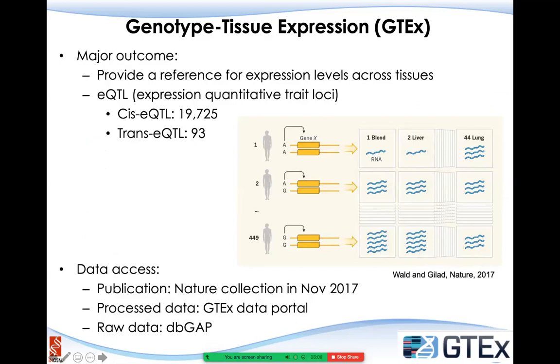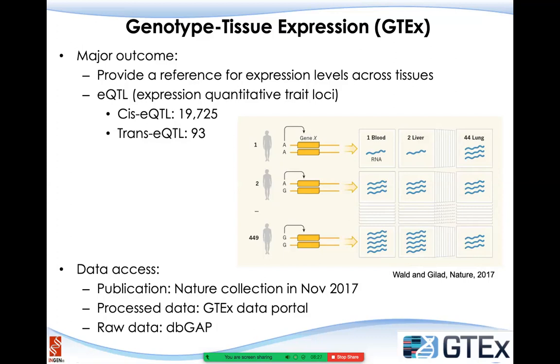They identified over 19,000 cis eQTLs and close to 100 trans eQTLs. The data are all in the public domain, and the publication can be found in the Nature collections, November 2017 issue.